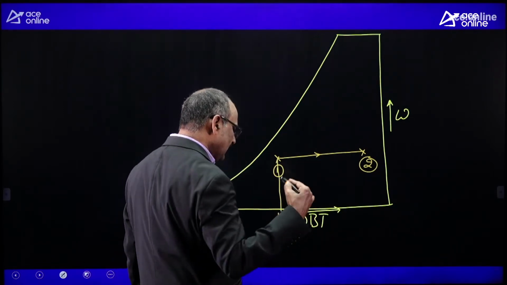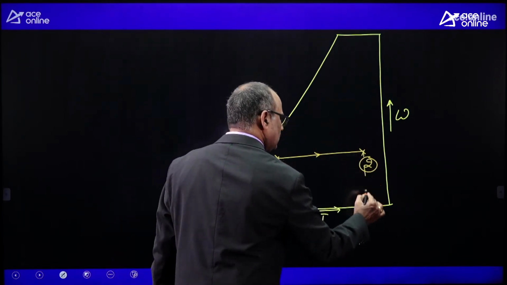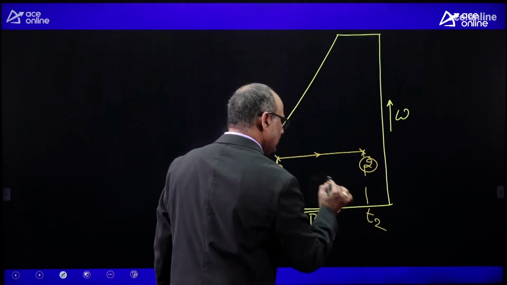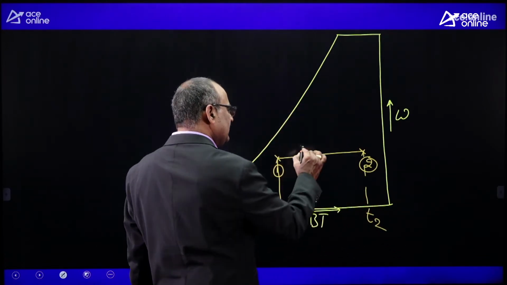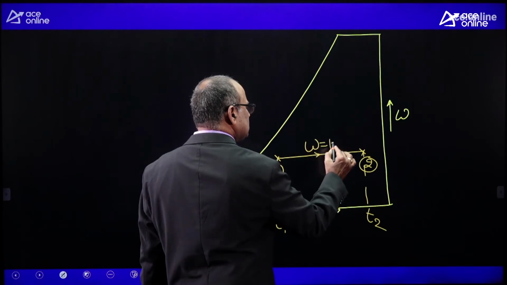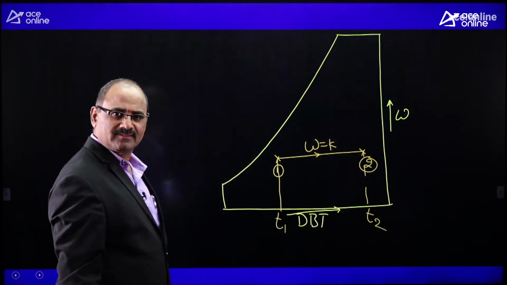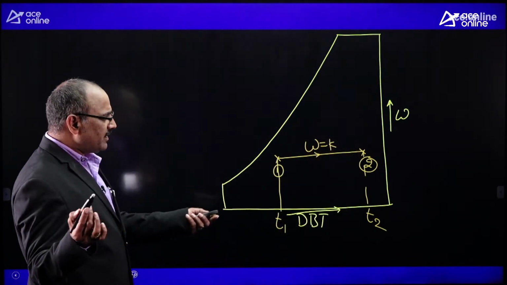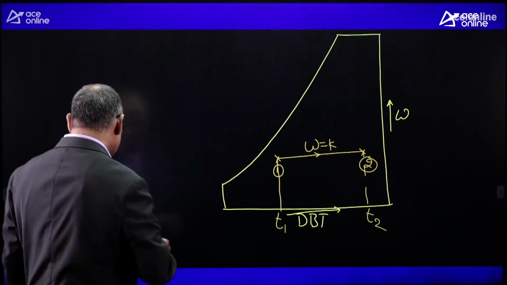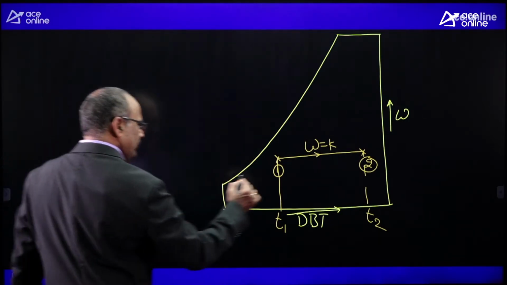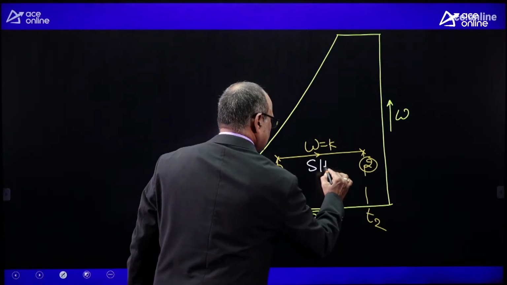Dry bulb temperature of the air is increasing from T1 to T2. But the sensible heating is happening at constant specific humidity. Okay, that means specific humidity remains constant during the sensible heating process. That is the representation of the sensible heating.